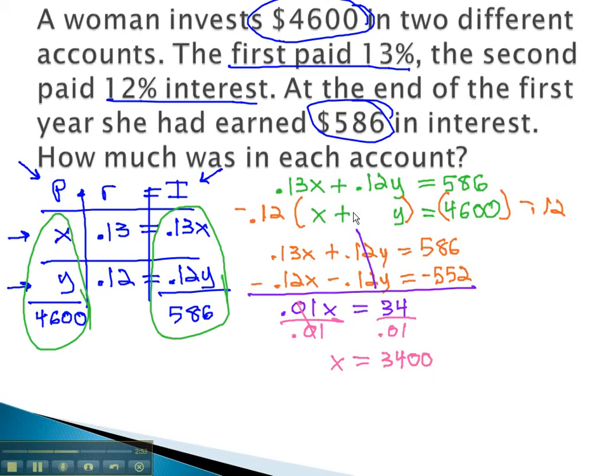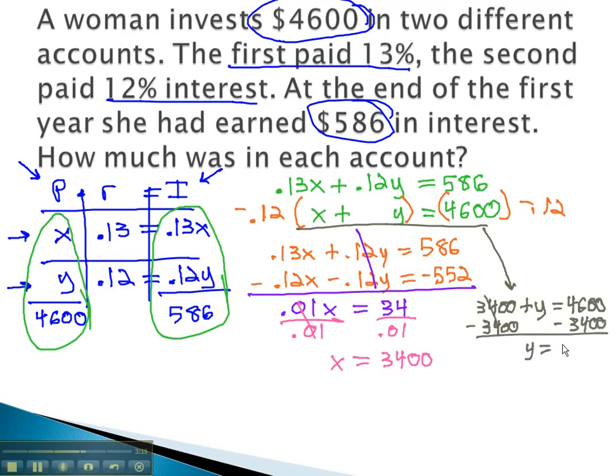We still need to find y, and we can find that by plugging our x value into that second equation. X, or 3,400, plus y equals 4,600. Subtracting 3,400 from both sides, we get y equals 1,200.